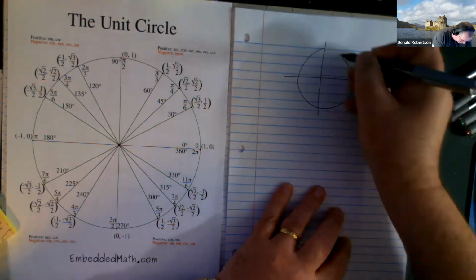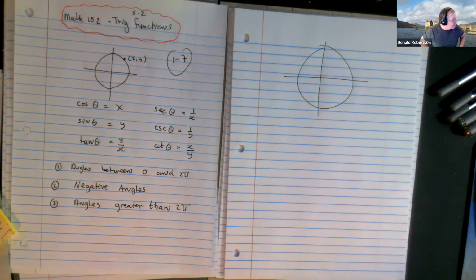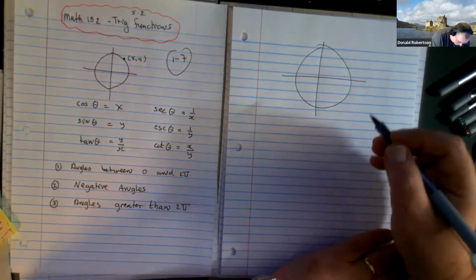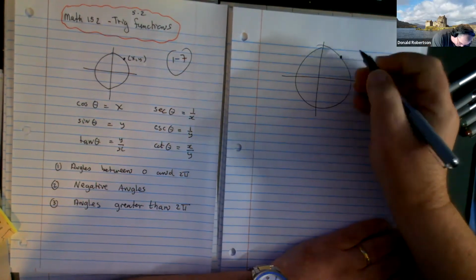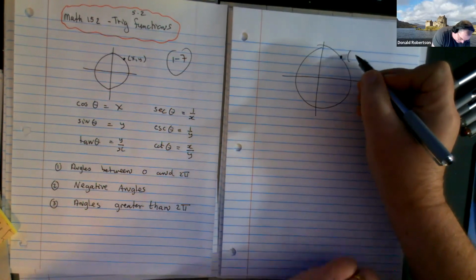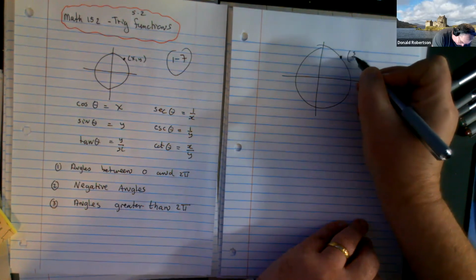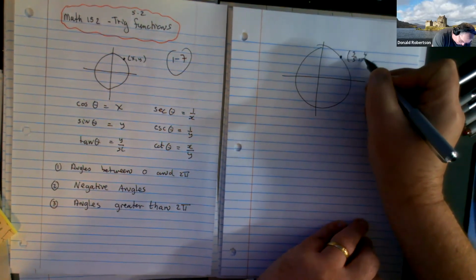So still on the unit circle, you're going to get a point, and let's just say for argument's sake that this point here is 3/5, 4/5.